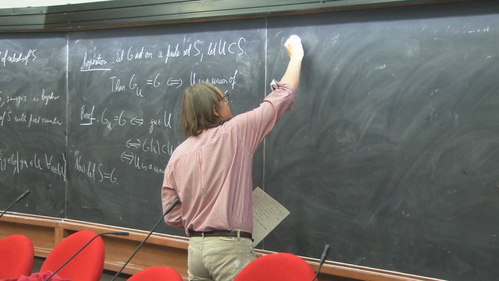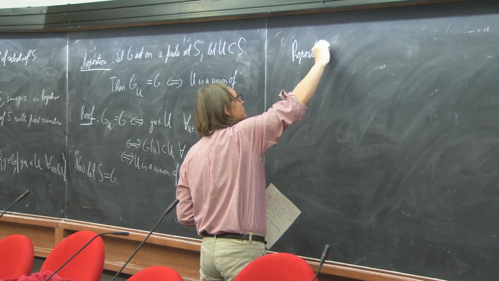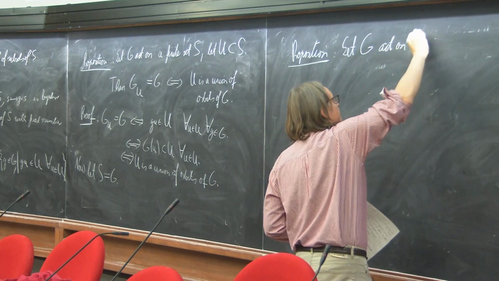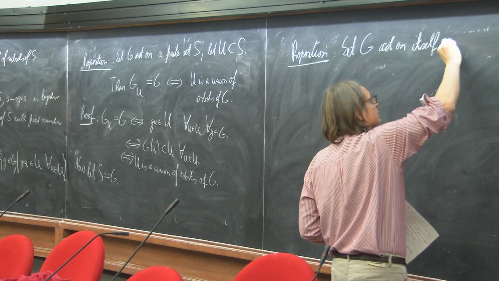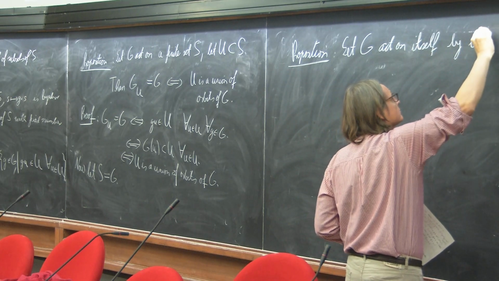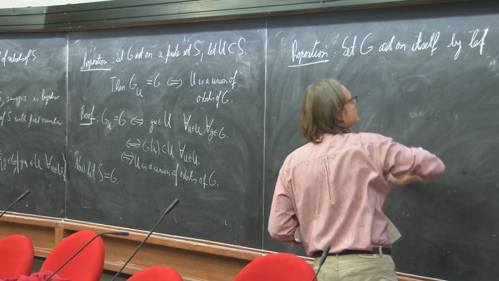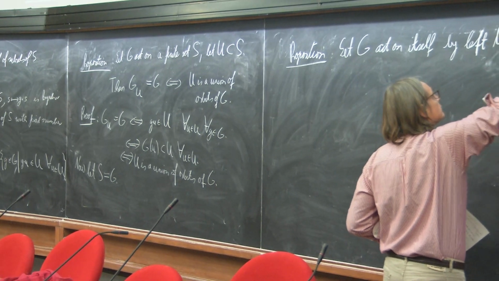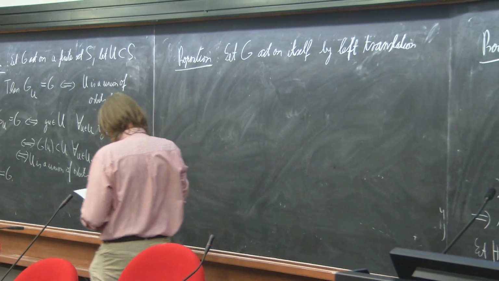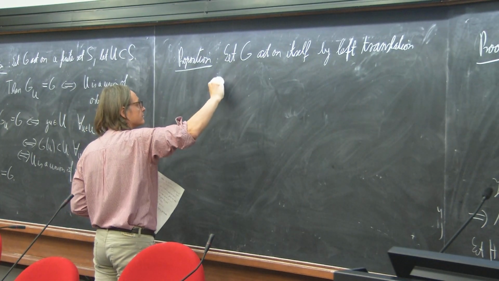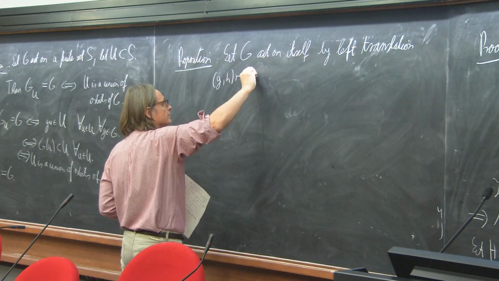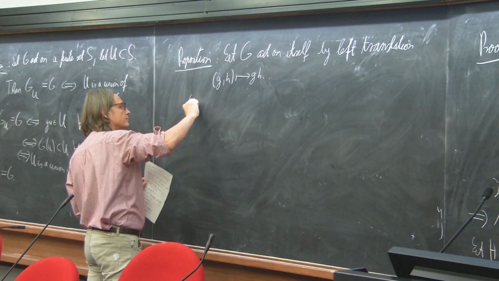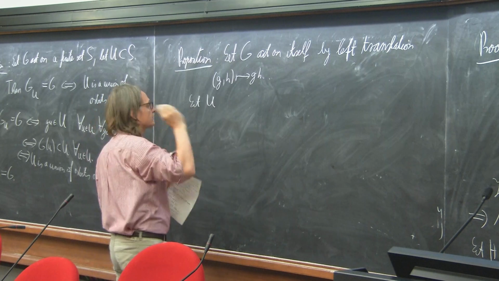So proposition: let G act on itself by left translation. So (g,h) maps to just the product gh in the group. So let U be a subset.